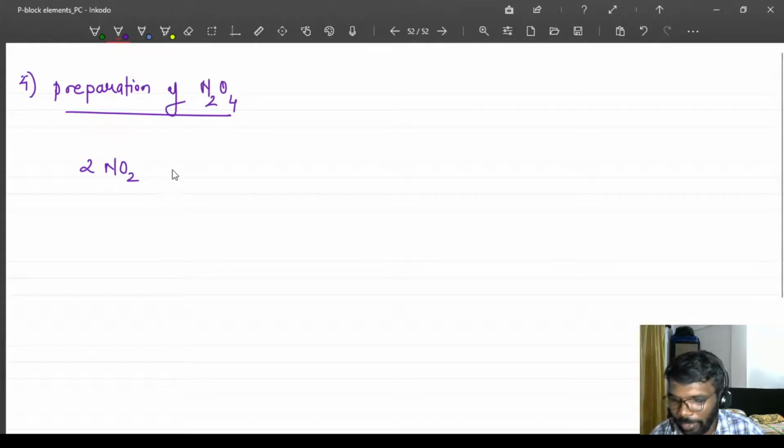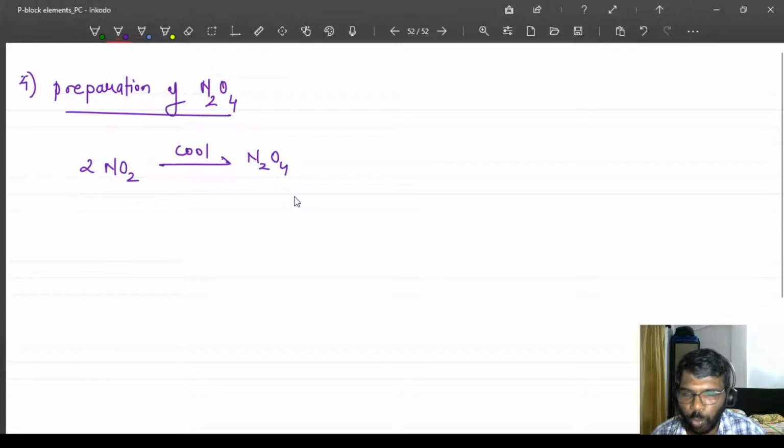Take nitrite. If you cool it, what you will get is N2O4, because the relationship between this product and the reactant is that they are dimers. This is a dimer of this.